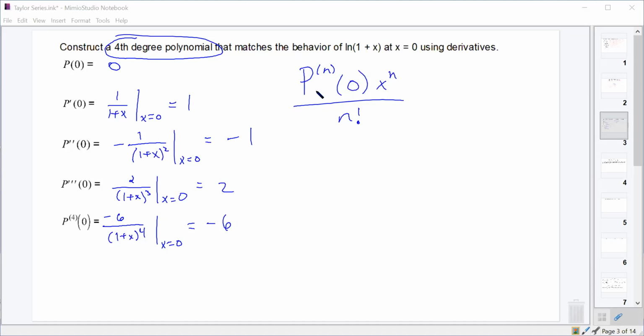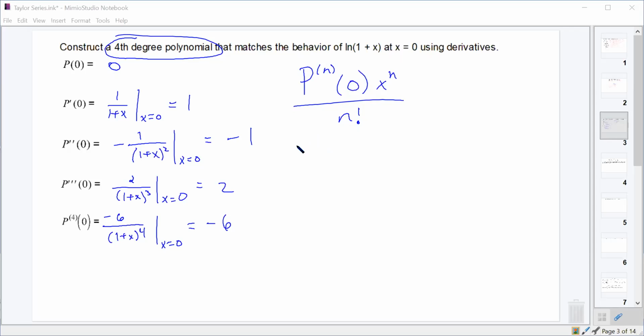Okay. So what we should be able to do is follow this format and write out a fourth degree polynomial that should model natural log of 1 plus x surrounding x equals 0. So what's the first term? What's it going to be at n equals 0? Should be p of 0, which is 0. Well, 0 times x to the n over 0 factorial is going to be 0, right?